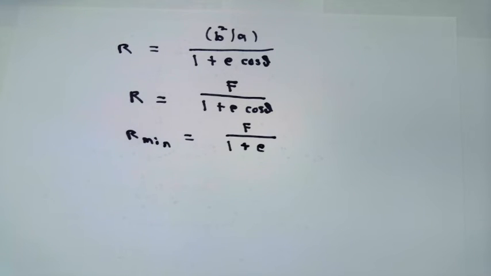On the other hand, if I wanted to make r as big as possible, I'd want to make the denominator as small as possible. 1 and the eccentricity are constants. I would want to make the cosine of theta equal to -1 if I want to maximize the r variable.